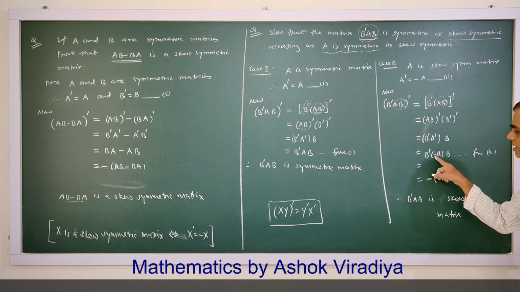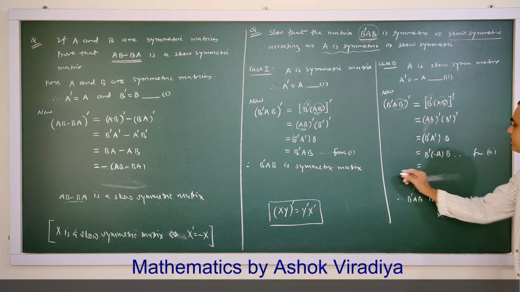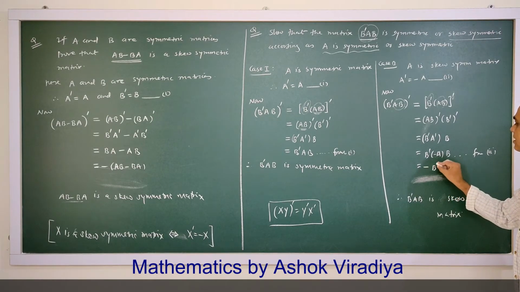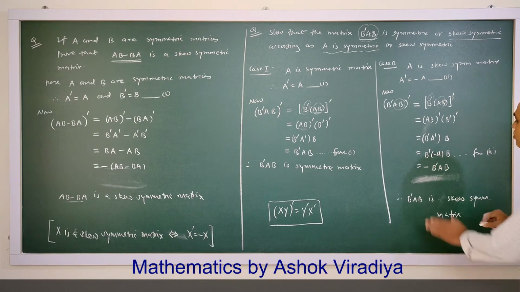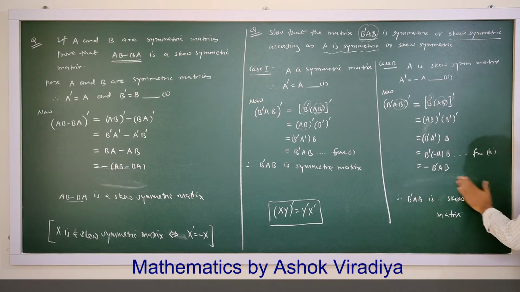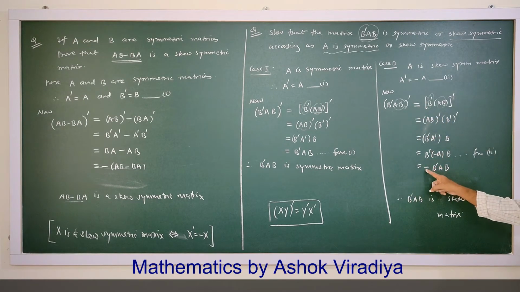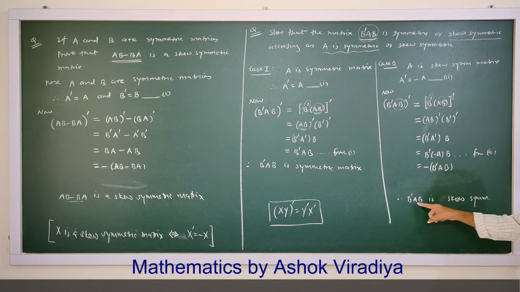Now minus 1 is a scalar, putting it outside, so minus of B dash into A into B. So we have proved that x dash is minus x. So this is a skew symmetric matrix.